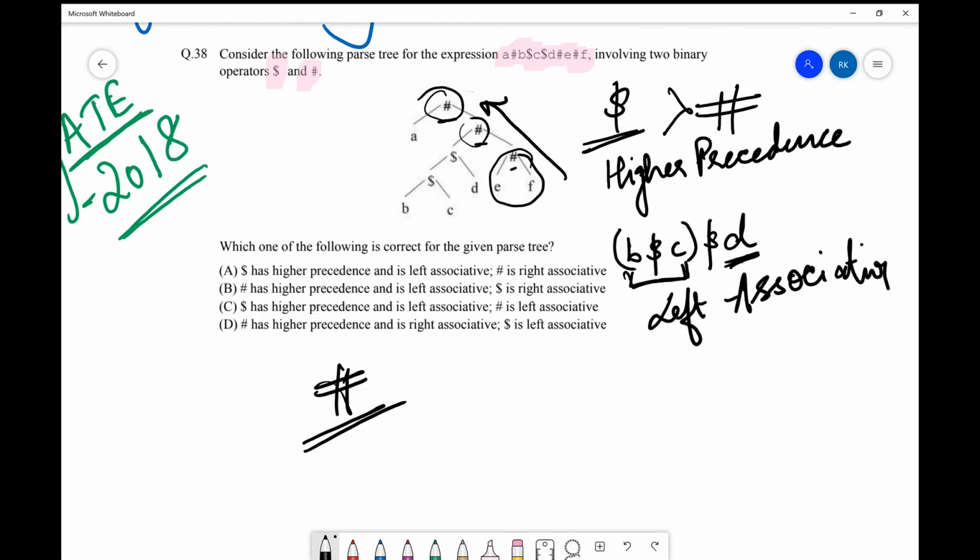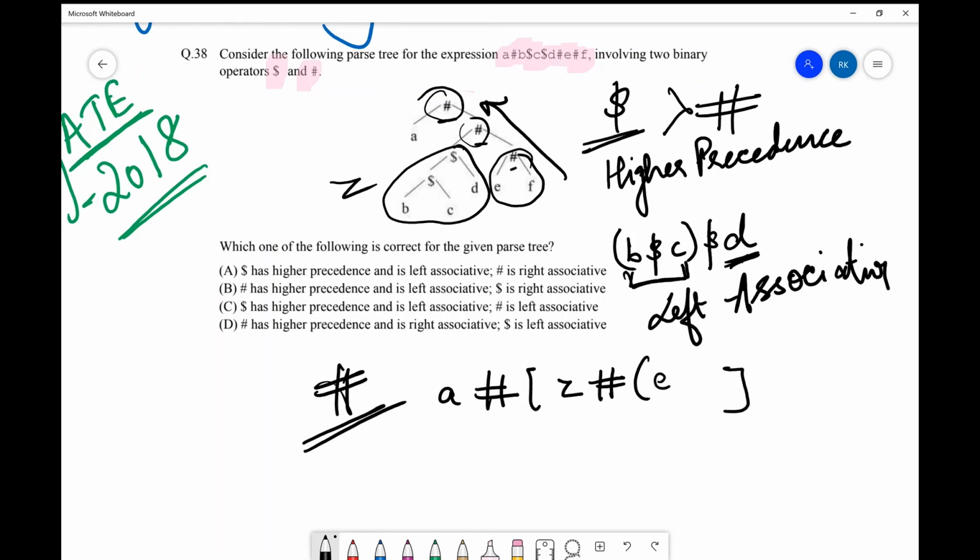You can also write it in a simple expression form: a hash, and some result over here, which is this branch, if you call it z. So you would write a hash z, and for z you'll have to write e hash f, because hash is involved.